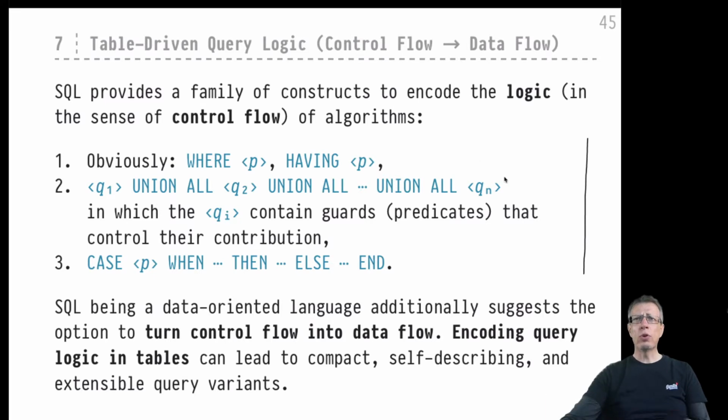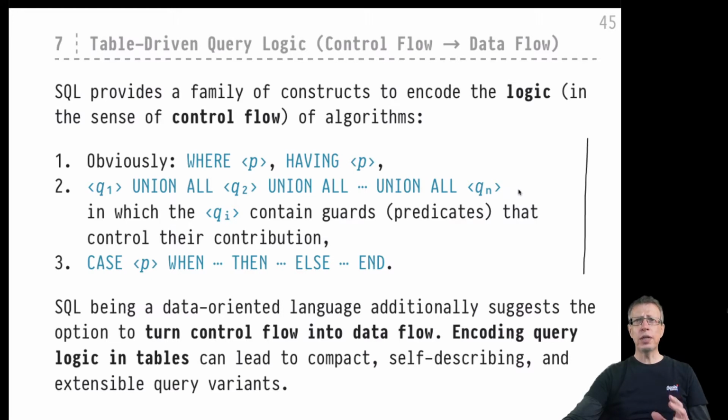There is one form of control flow that might not be that obvious, and that would be the union operator. So we could have a group of queries, Q1 to Qn, as they are called here on the slide, and they could represent the different branches of a computation that we would like to perform. The separate queries, the Qi here, would contain guards.